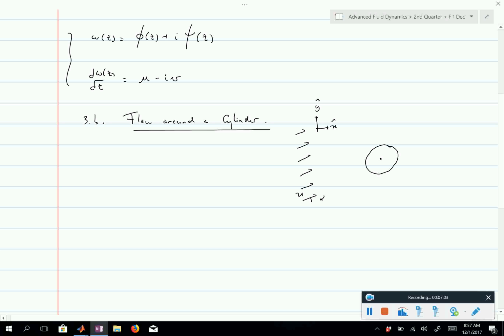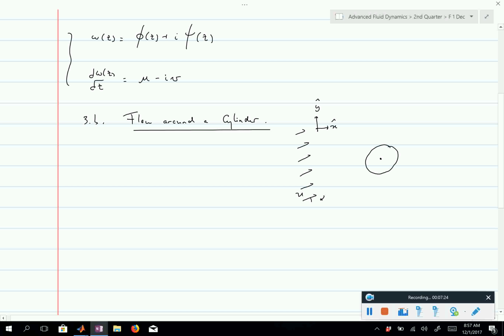Now you know that this is an ideal flow, so you can construct the velocity field by superposing certain particular flows. We have at our disposition uniform flows, sources, sinks, dipoles, irrotational vortices. Those are essentially the building blocks of any potential flow.